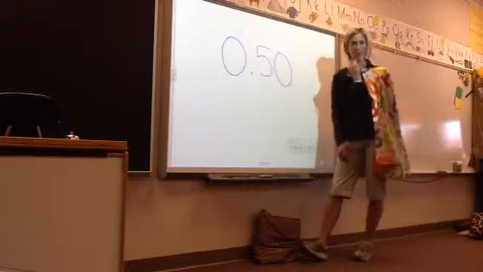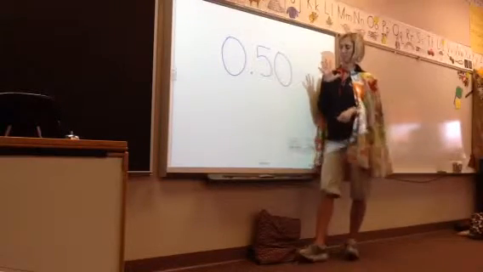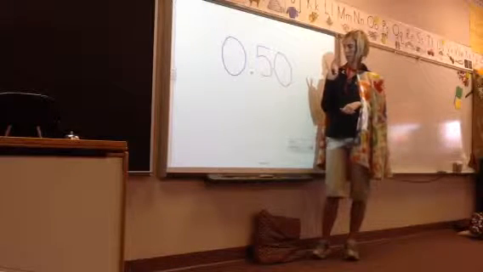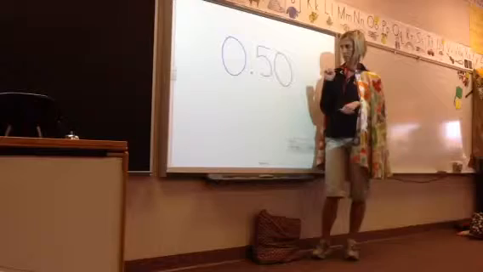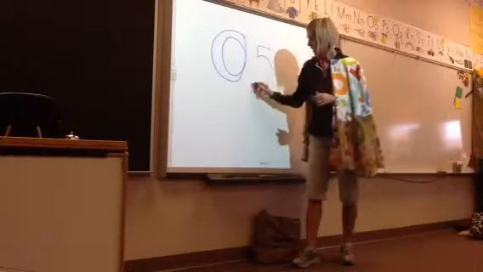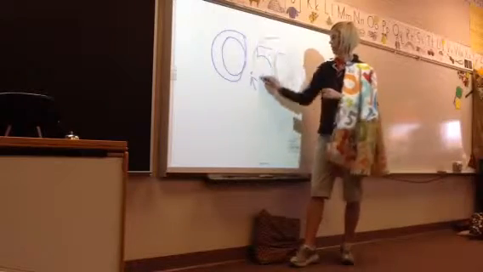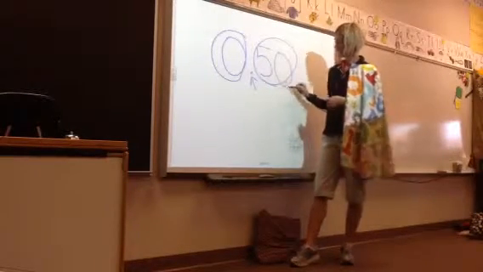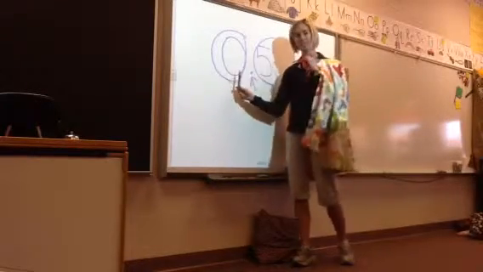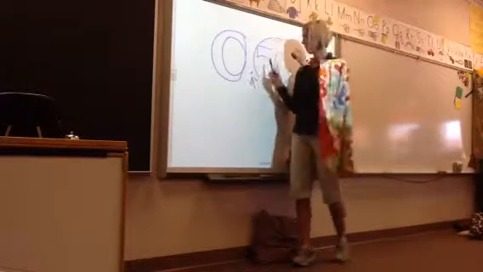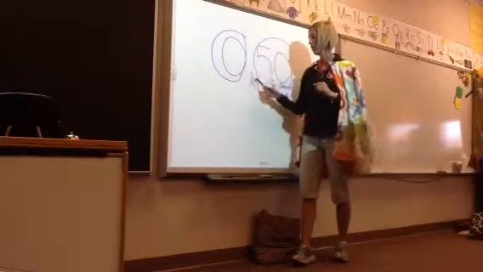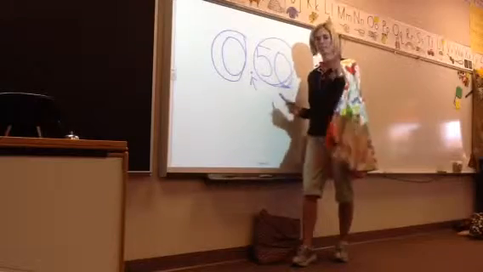Oh, what about this one? Looks sort of similar. Go ahead and try it. Okay, here we go. 0 and 50. Name it, hundredths. Okay, repeat it with me. 0 and 50 hundredths.